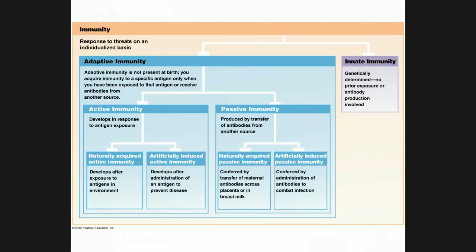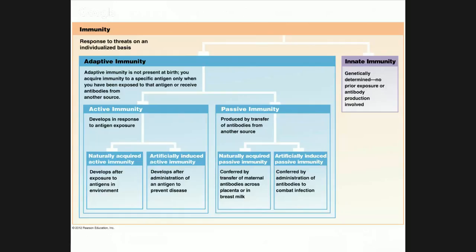The main difference that we have between the two, within the immune response, is that there are two major components to it: what's called innate immunity and adaptive immunity. One problem I have with this picture is that innate immunity is a little box that makes it seem like it's less important than adaptive immunity, which is a big box.